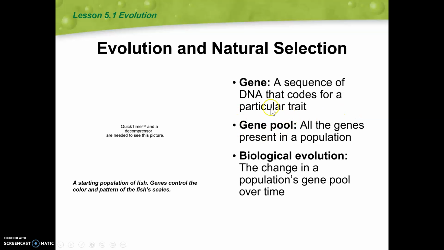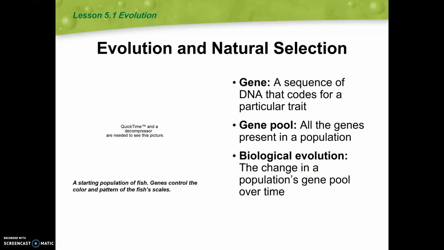Where gene pool is all of the genes present in the population. So if we take hair color, for example, we know that there are many different colors of hair that can come naturally. So brown, black, blonde, red, all of those different genes would be in our gene pool. And then the last one here is biological evolution, and this is a change in the population's gene pool over time.